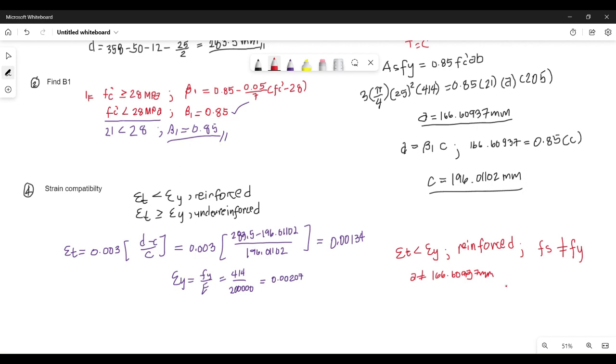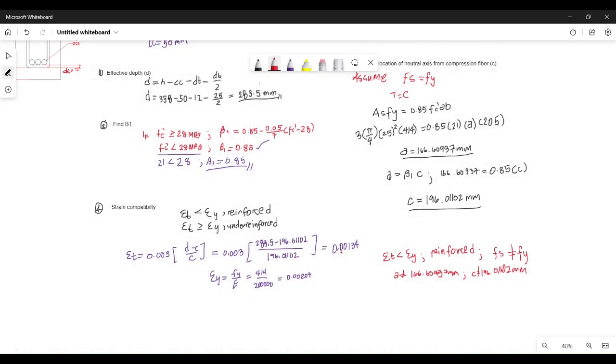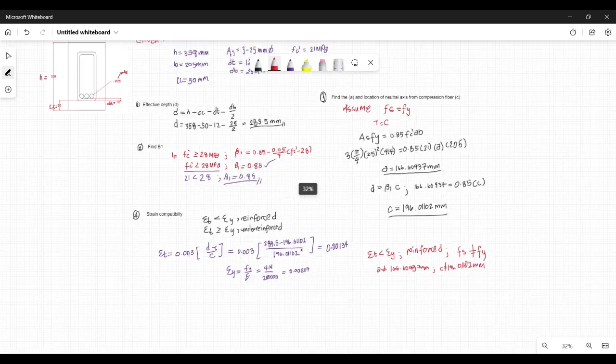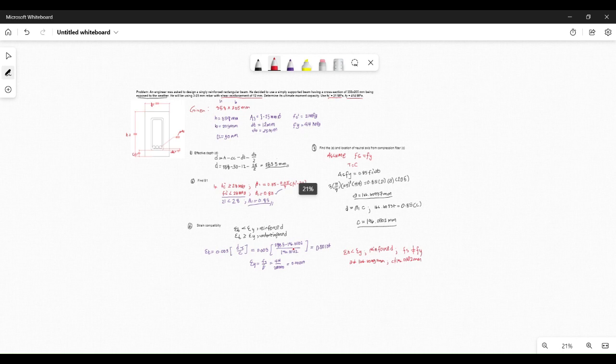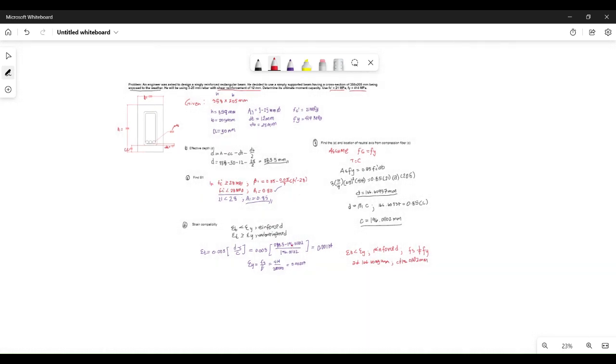Di siya equal doon. Tapos, yung C here is not equal to 196.01102 millimeter. Okay. So anong gagawin natin? We have to find the proper value of A and C. Diba? So we have to find the value of A and C.